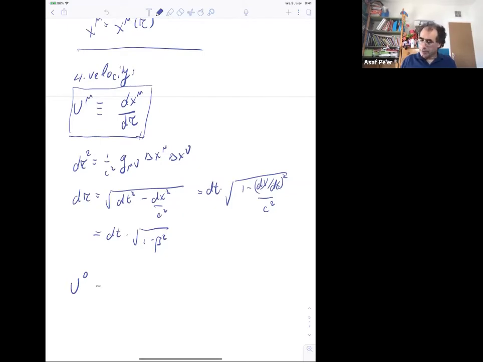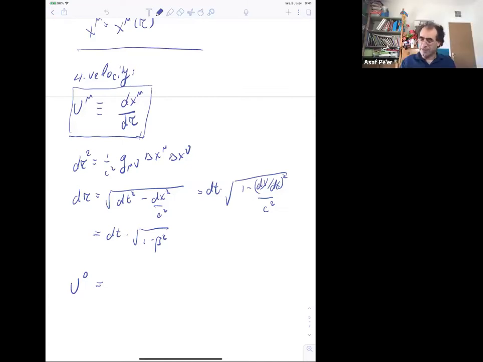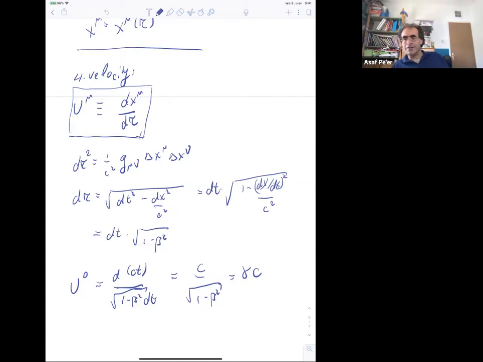So using that, we can write down the four-velocity. u0 is dx0 over d tau. What is x0? That's the time. No, it's ct. So it's d(ct) over the square root of 1 minus beta squared dt. Just c over the square root of 1 minus beta squared. This is just gamma, so it's just gamma c. I'm still keeping the c until you get used to it. Until next lecture, when I'm going to do proper particle physics, and then c is going to disappear.